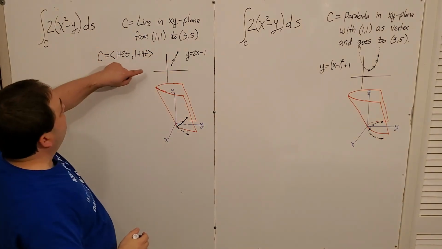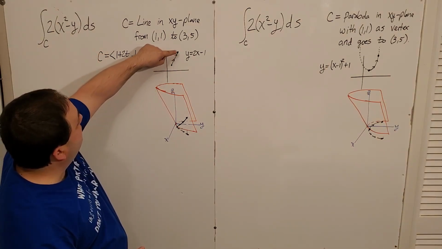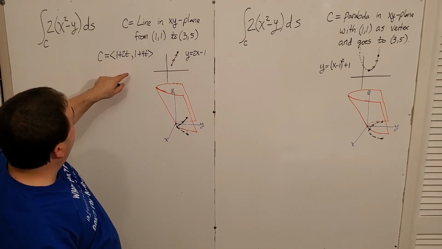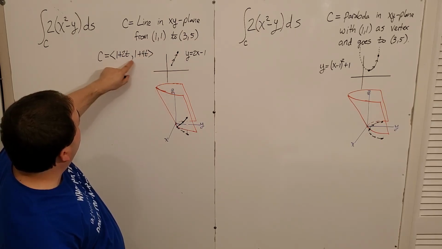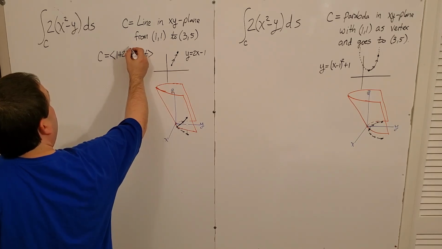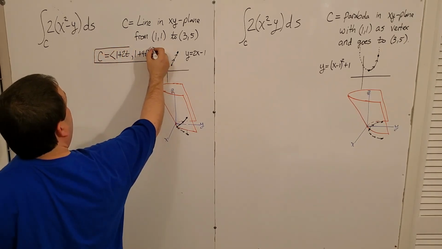And then I'll just be integrating between t equals 0 and t equals 1, right? Because at 0, I'll have the 1, 1 point, and at t equals 1, I'll have 3, 5. Okay? So there's my parametric setup.